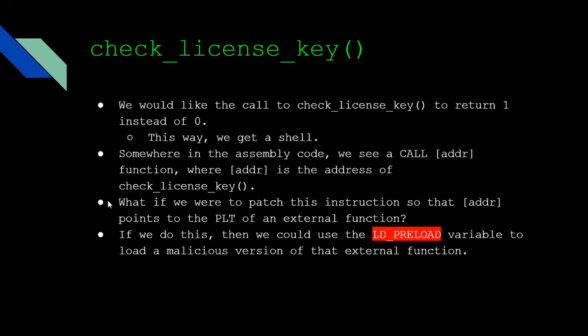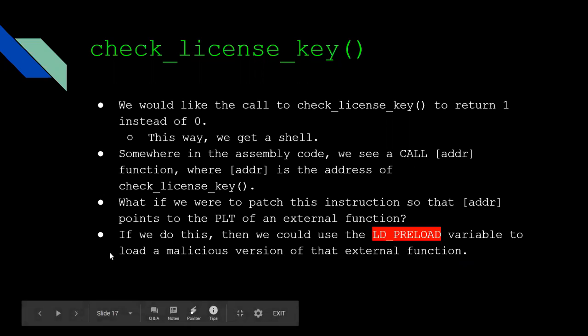So, just thinking about this, what if we were to patch this call instruction right here so that it points to some other function instead? Like, what if we were to point it to the PLT of an external function? If we do that, then we could use the LD_PRELOAD trick to load up a malicious version of that external function.